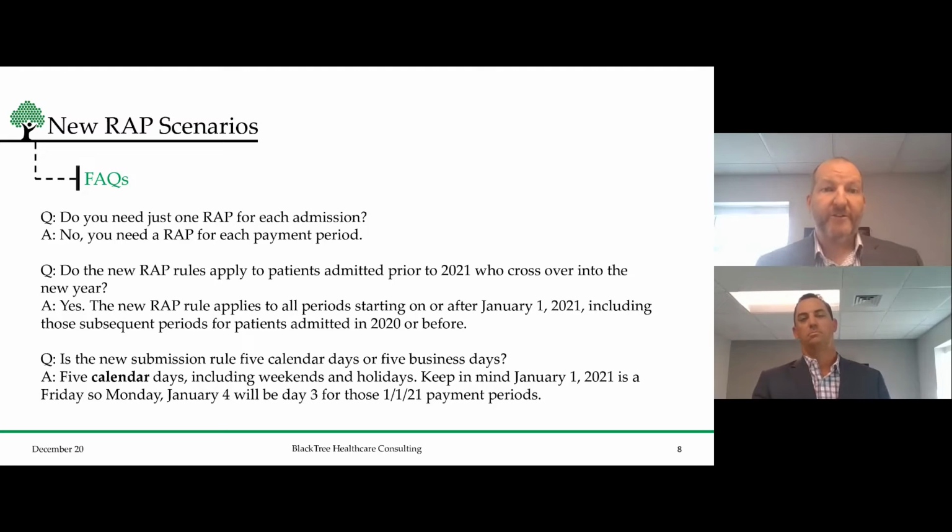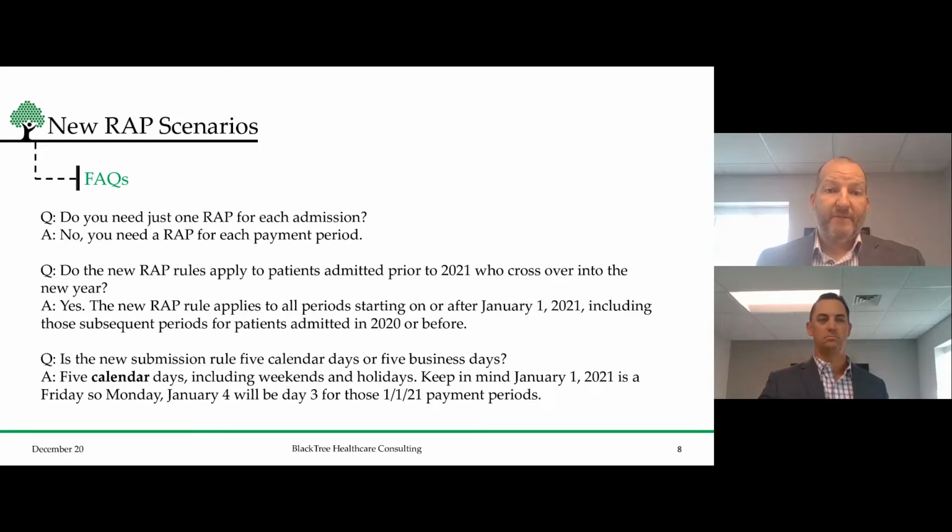Next question there, is the new submission rule 5 calendar days or 5 business days? Another common question we've been getting, and the answer for this one is it's 5 calendar days, including the weekends and also including the holidays. We're not going by business days or by when CMS is open; it goes by 5 calendar days. So an important thing to note there is that January 1st actually falls on a Friday.